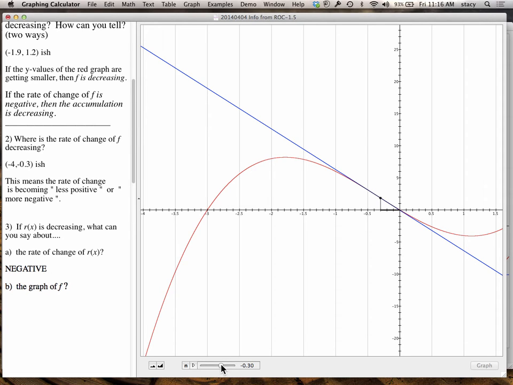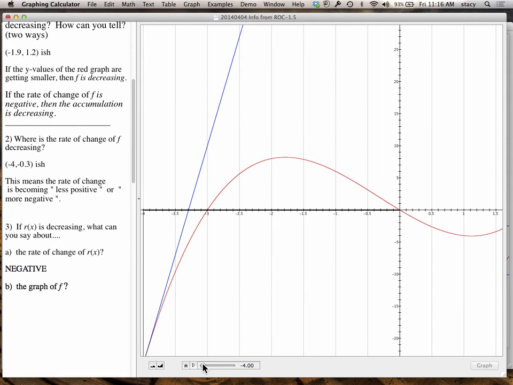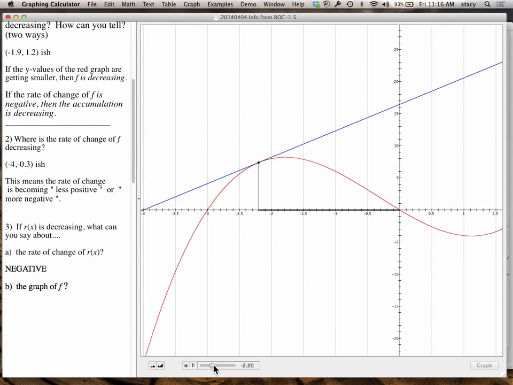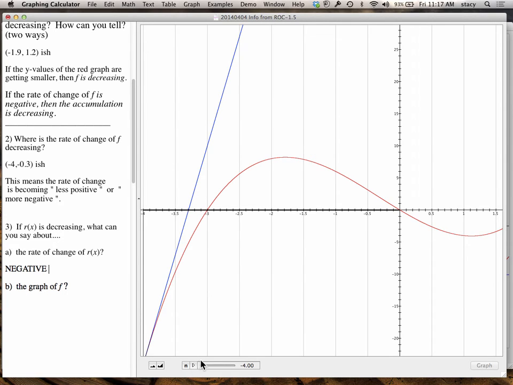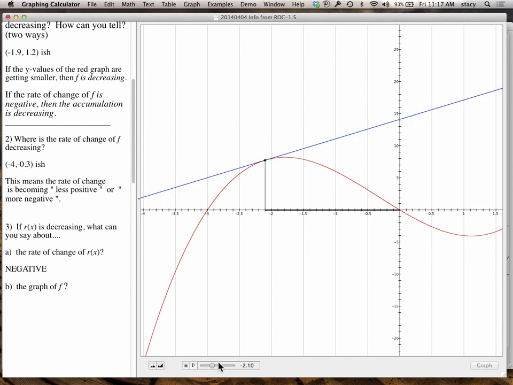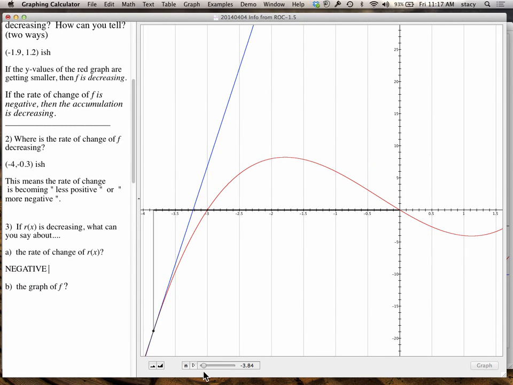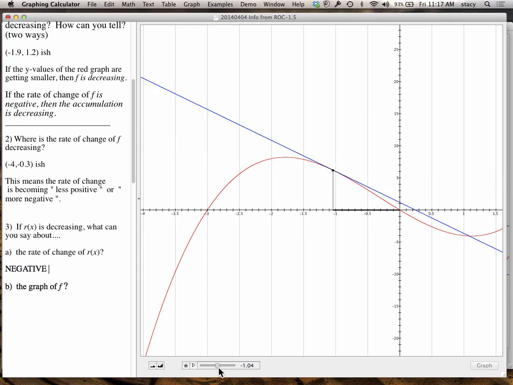Let me remind you that we just said that the rate of change was decreasing from -4 to about -0.3. So what is the graph doing from there to there? It's not decreasing, right? So you can't say that the graph of f is decreasing. But you can say what?